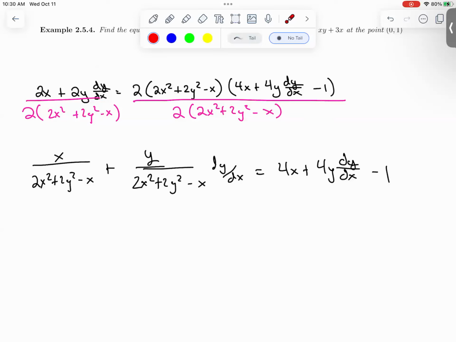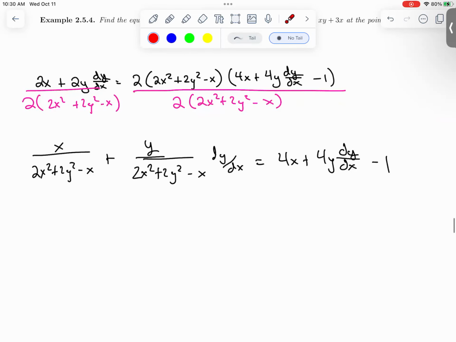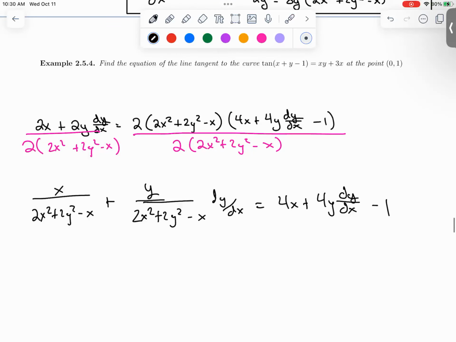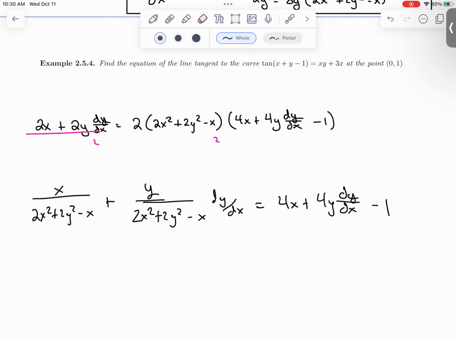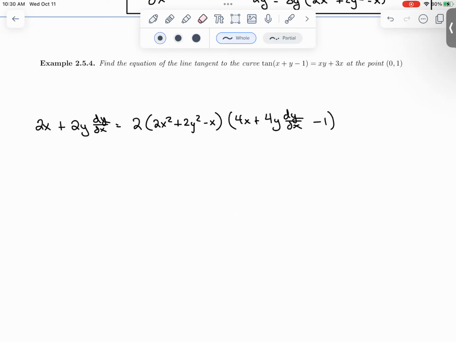Another way you could have done it is you could have rewritten this thing right here as 4x minus 1 plus 4y dy/dx.